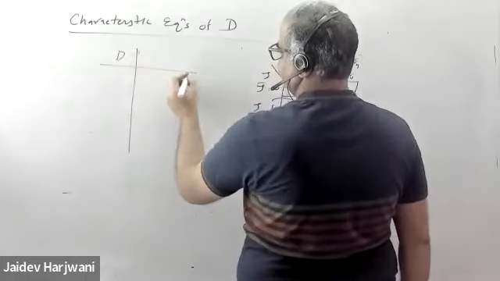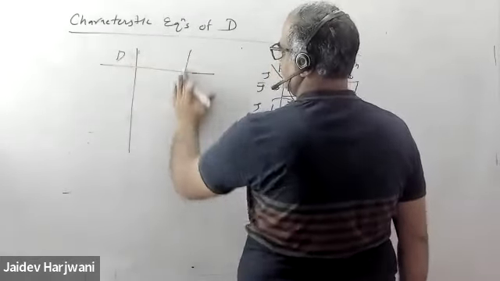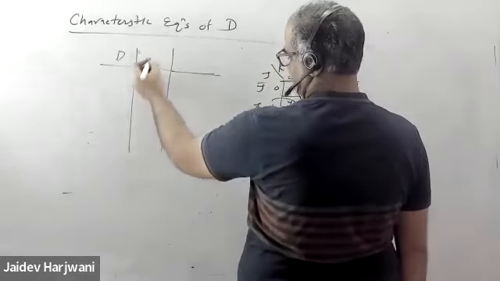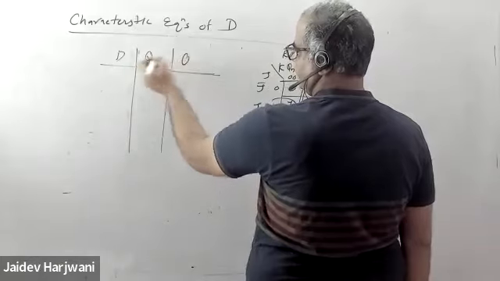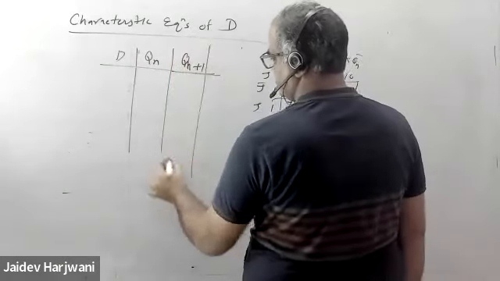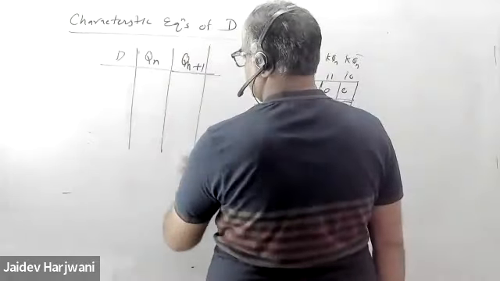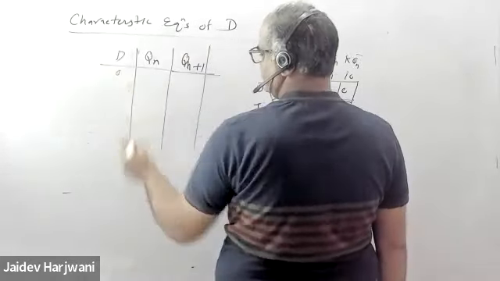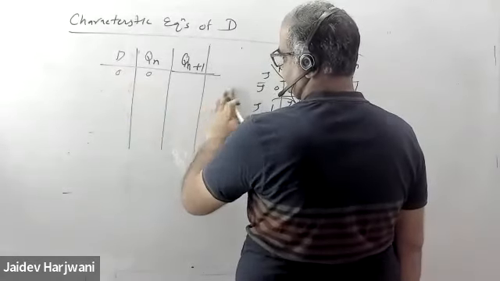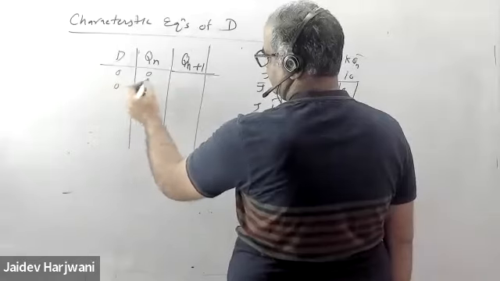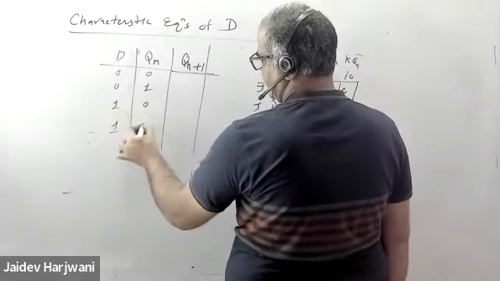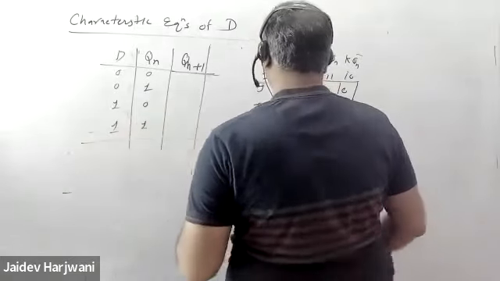You have a D here, and then you have Qn, the present state, and then you have Qn plus 1. D values can only be 0 or 1. So it can be 0, 1, 0, 1, 1. This is your state.